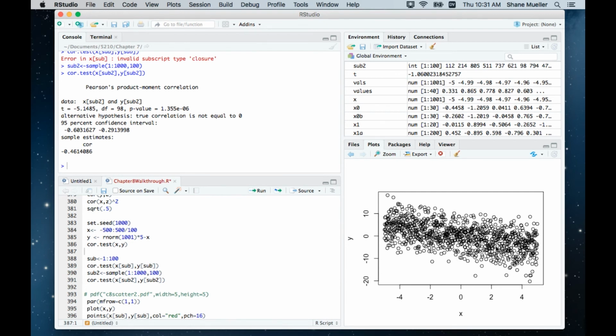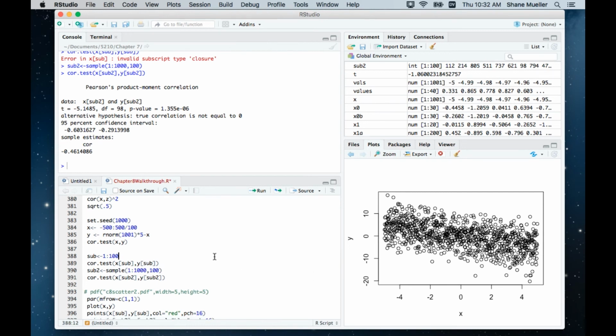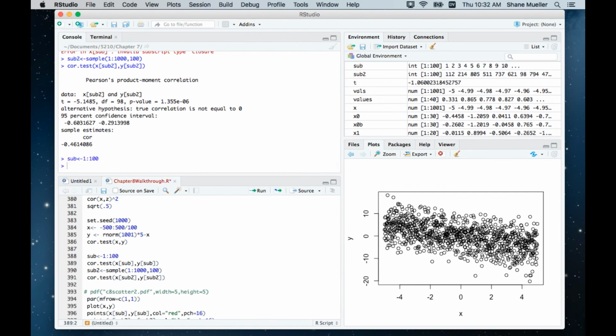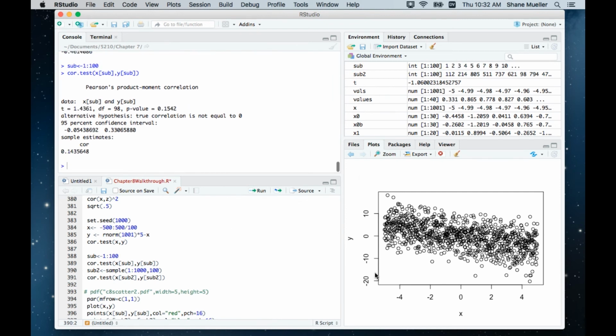If I only had 50 or 100 points to sample, it would be better to sample across the whole range than one little slice. So for example, if I sample just 1 to 100, which is this first slice here, there's no correlation between x and y here.